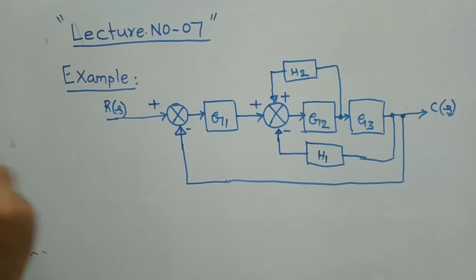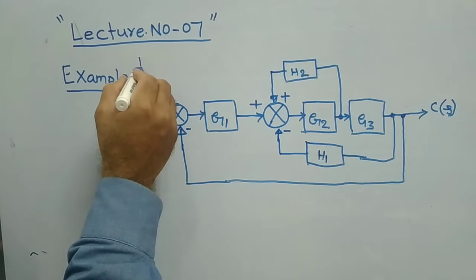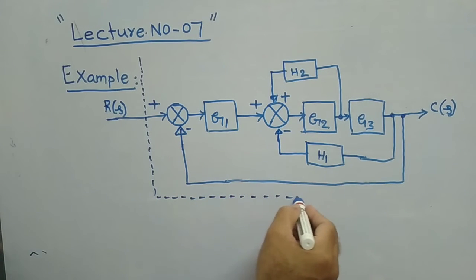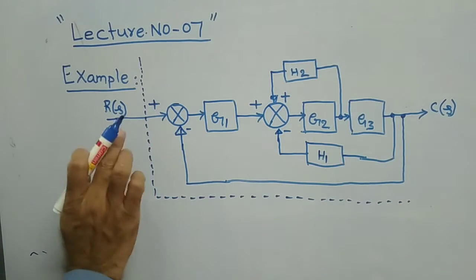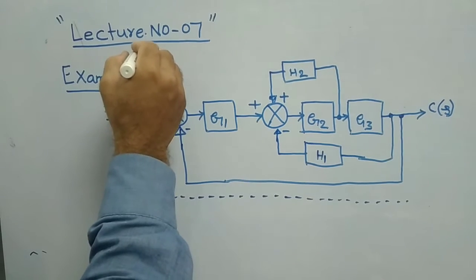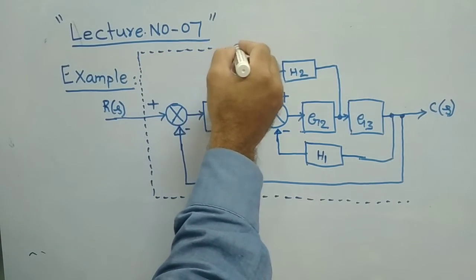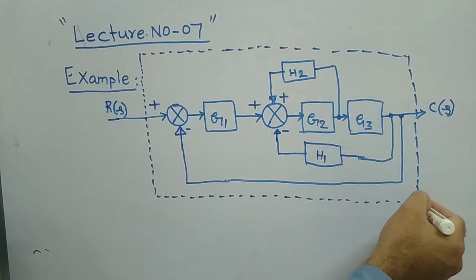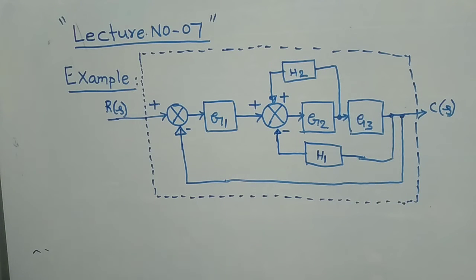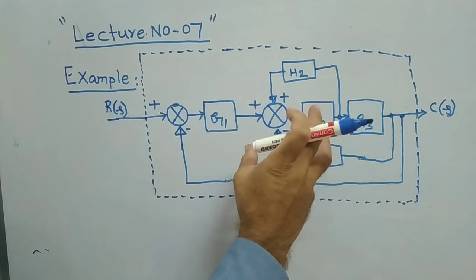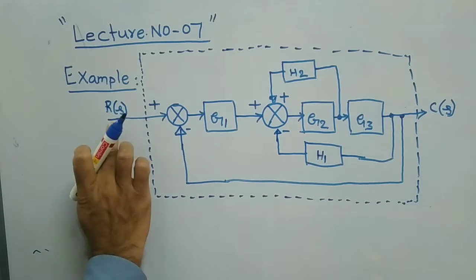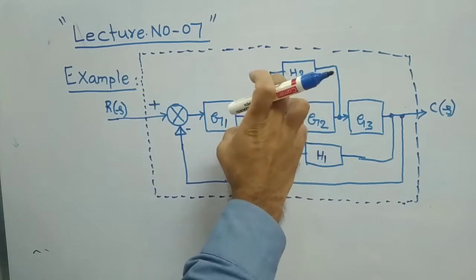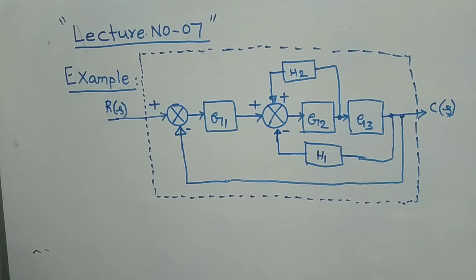For your understanding, I will put a dotted line around the entire set of blocks after R of S and before C of S. Whatever blocks are available between R of S and C of S, the content within this dotted line should be reduced to a single block.